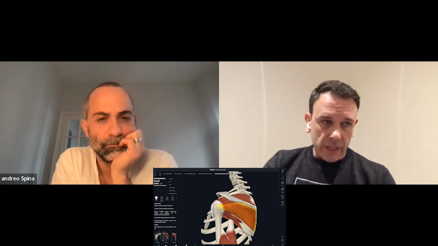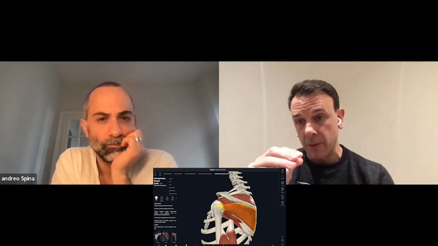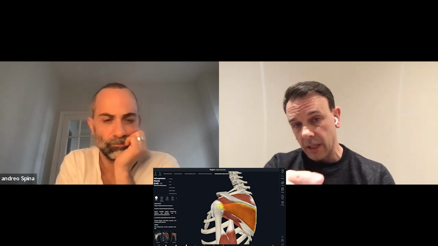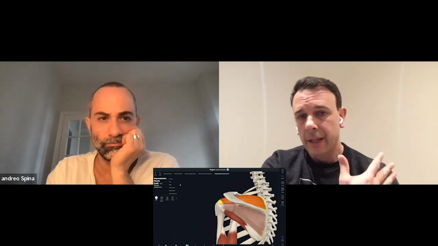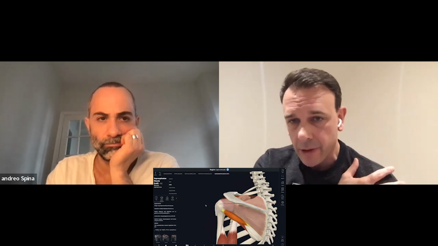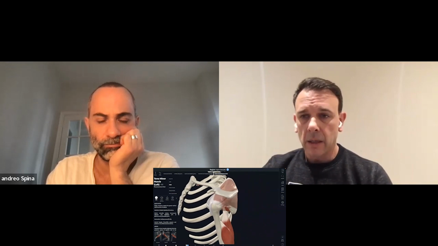It's creating robustness across a certain part of that capsule. Like the teres and the infra would be on the posterior side, the subscap would be on the anterior side, and your supra would be on the anterior superior side. Depending upon where you want that stiffness, you would train the tendon accordingly.